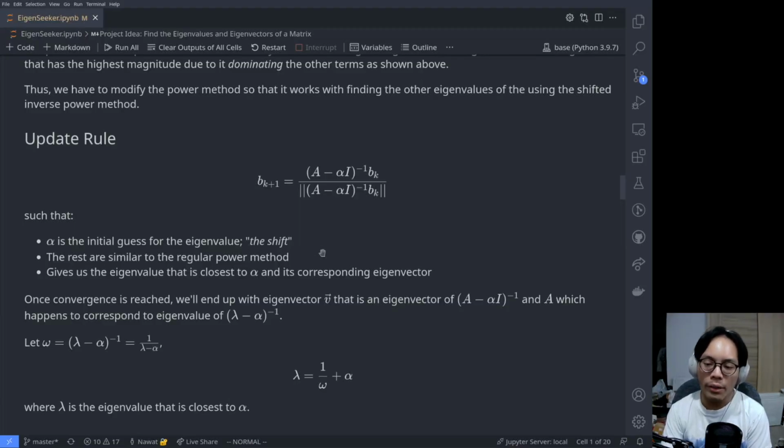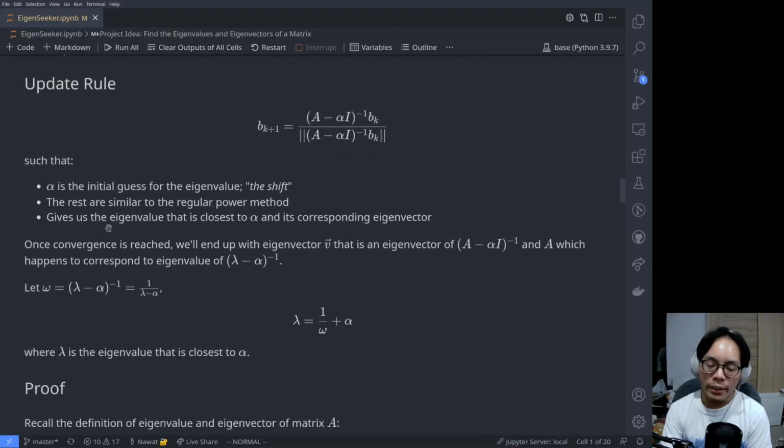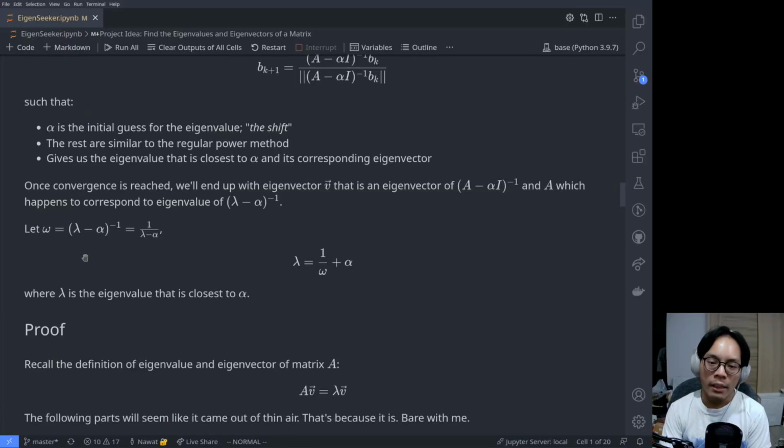The rest is basically the power method, and it gives us the eigenvector that corresponds to the eigenvalue that is closest to alpha. And once convergence is reached, we're going to end up with eigenvector v. That is the eigenvector of this matrix, and also A, which we're going to prove later on.